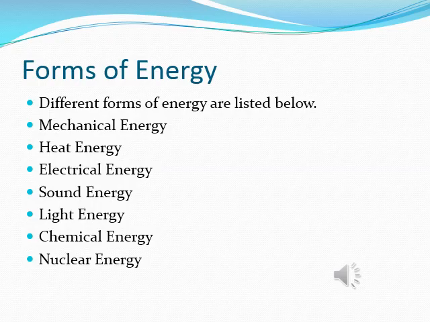Nuclear energy. Nuclear energy is the energy that is released in the form of nuclear radiations in addition to heat and light in nuclear reactors during nuclear reactions such as fission and fusion.